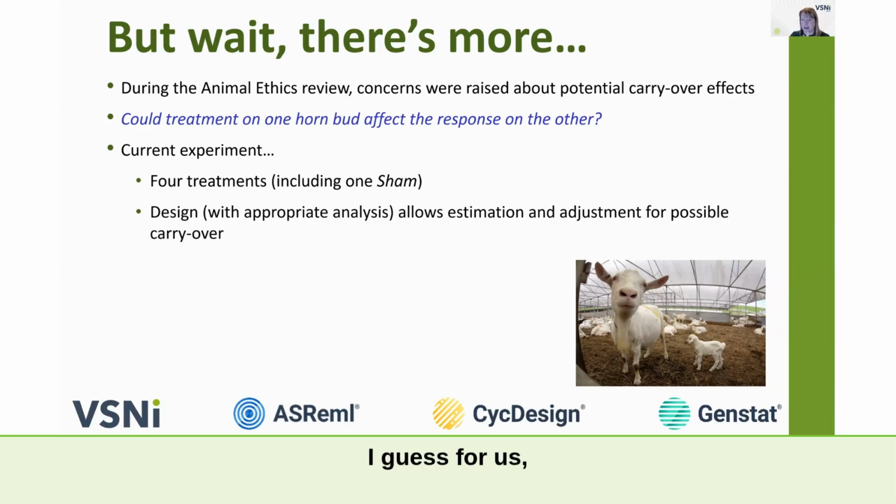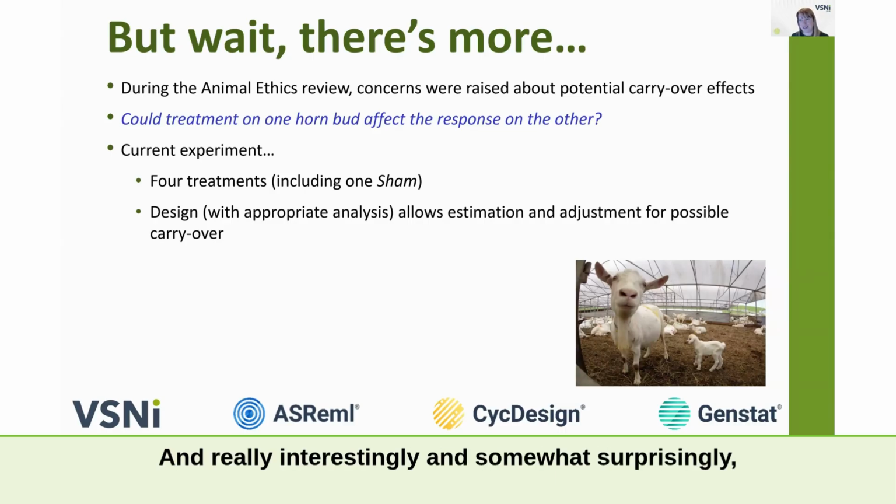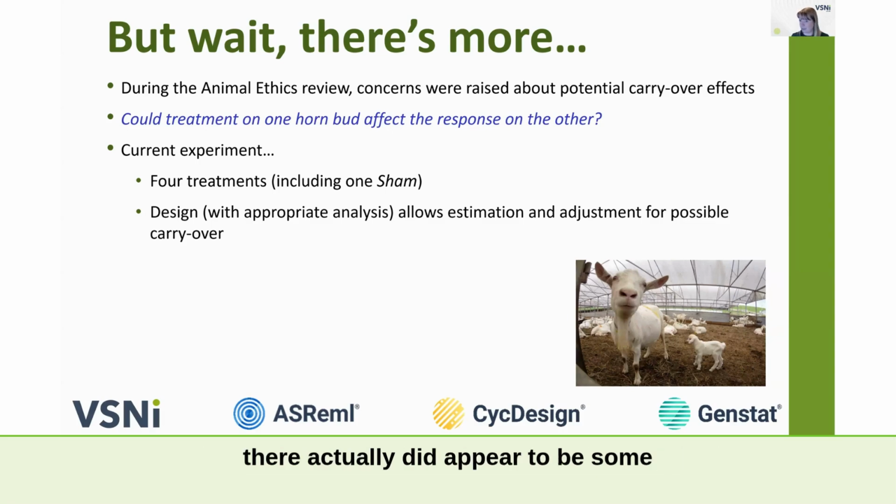Now, fortunately, I guess for us, with 4 treatments, including one which was a sham treatment, our experimental design, together with the correct analysis, would enable us to estimate any carryover effects and adjust for them if necessary. And really interestingly and somewhat surprisingly, there actually did appear to be some carryover effects. That was a very important insight from the animal ethics review.